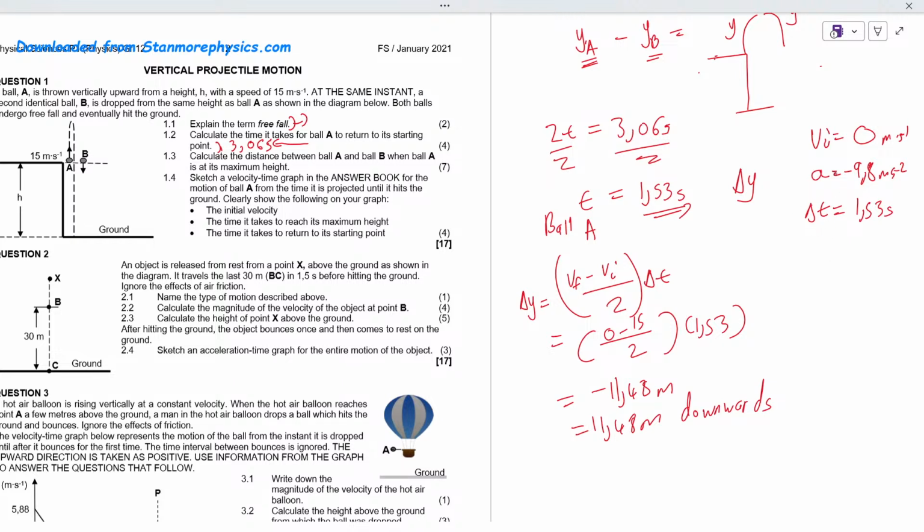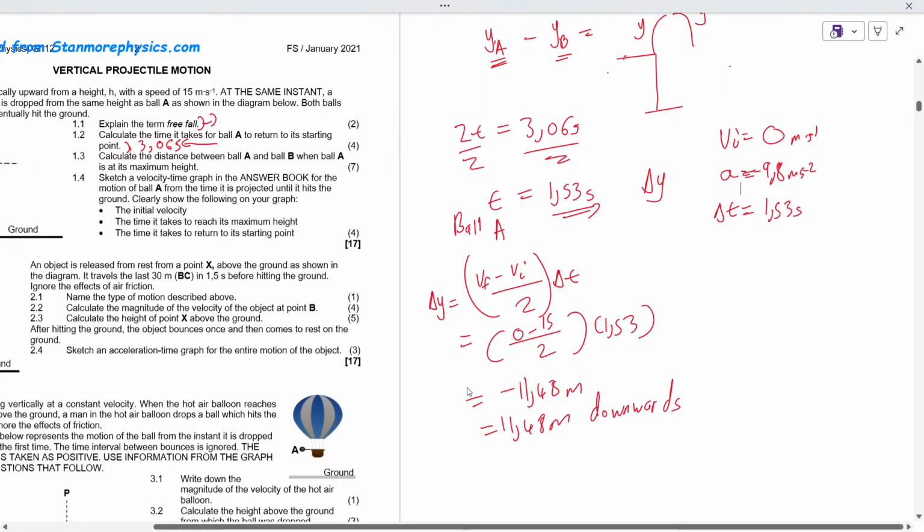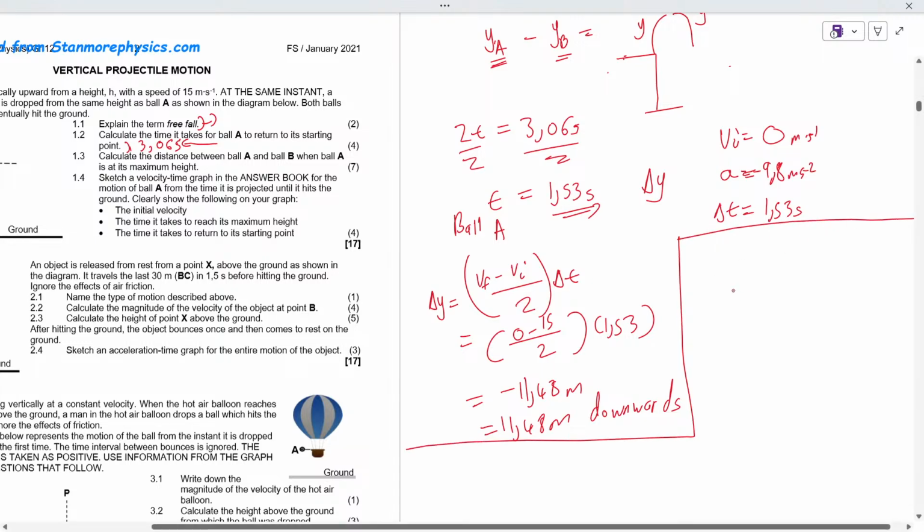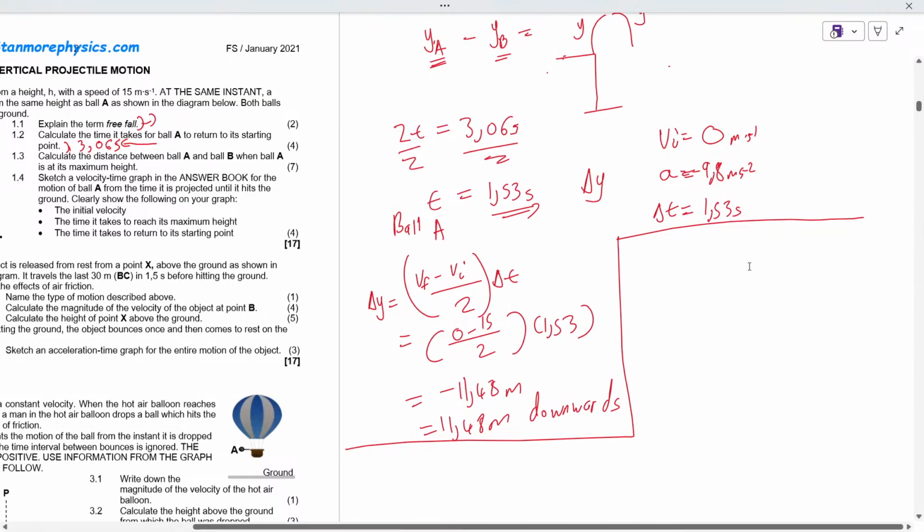So, with all this, which formula can we use to get the distance? Let me look first. We have the velocity, acceleration. We can use VF squared is equal to VI squared plus 2A delta Y. Okay, no problem.